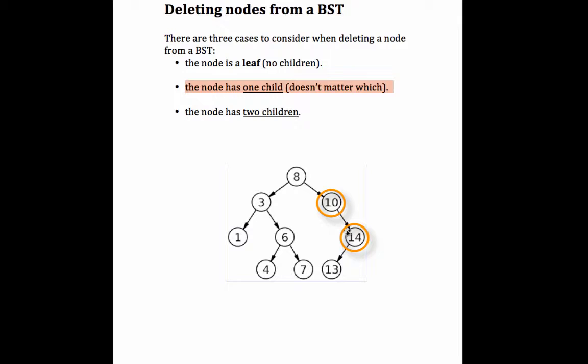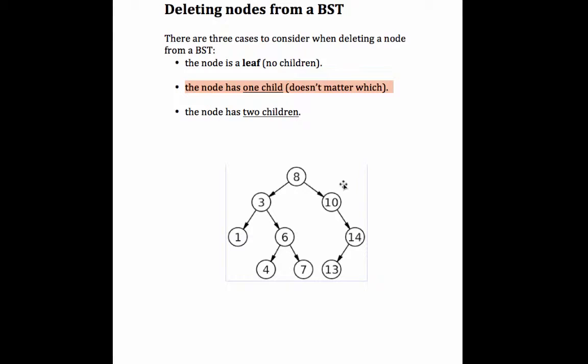And those are the only 2 nodes in this tree that have only 1 child. So we're talking in this particular diagram about deleting the node that has value 14, or deleting the node that has value 10. So basically, I'm going to show you now that what we do is bypass the node.